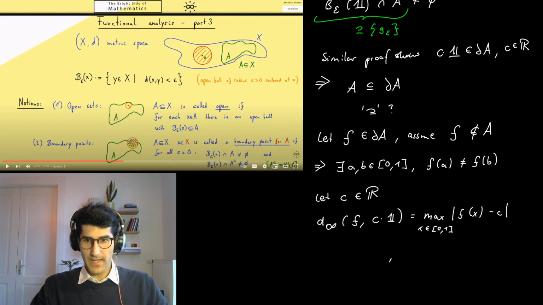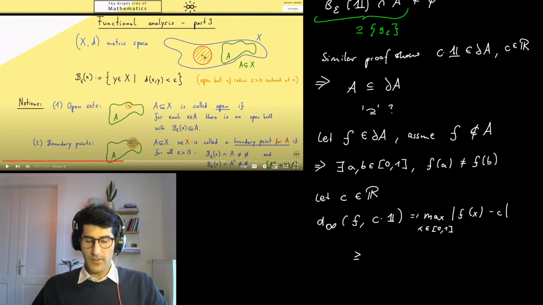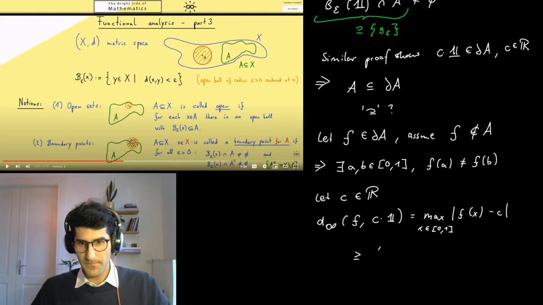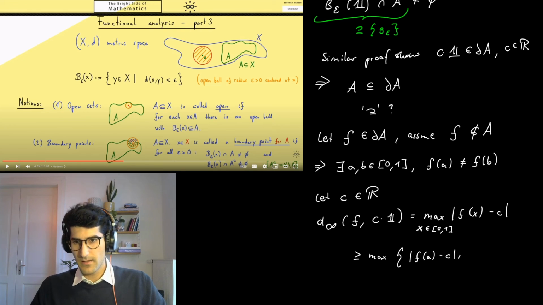Now I can also pass to a smaller set if I allow the maximum to get smaller. So the maximum over all function values that I have here will be greater or equal than the maximum that I have if I only compare c to the value f of a and to the value f of b.